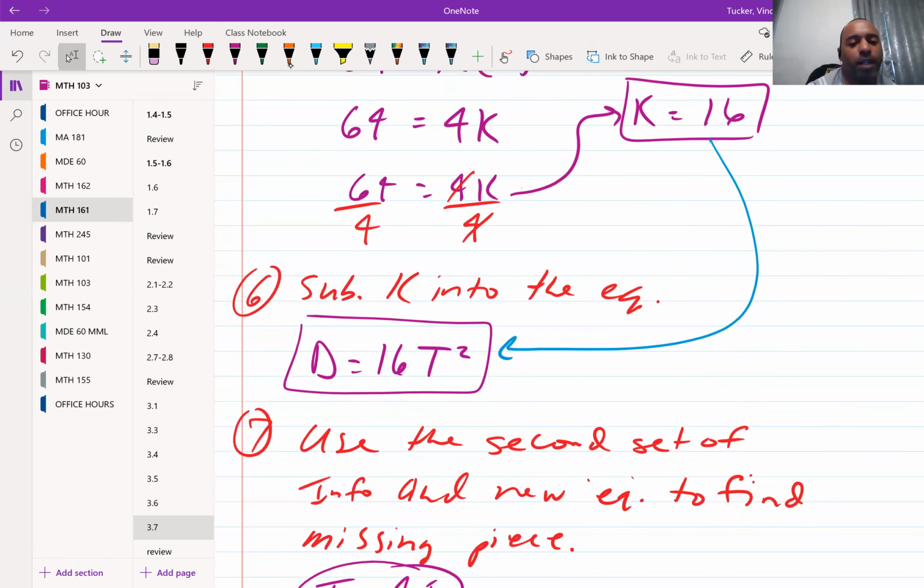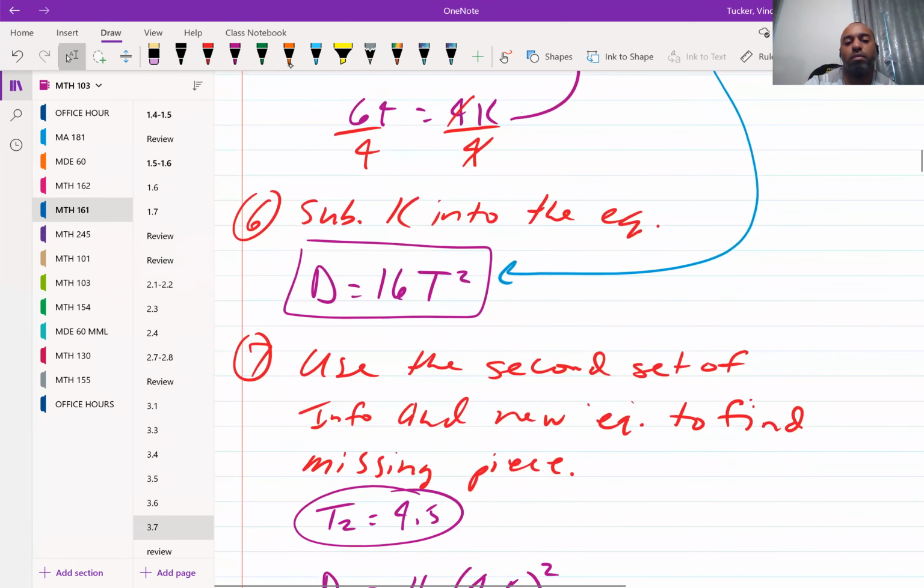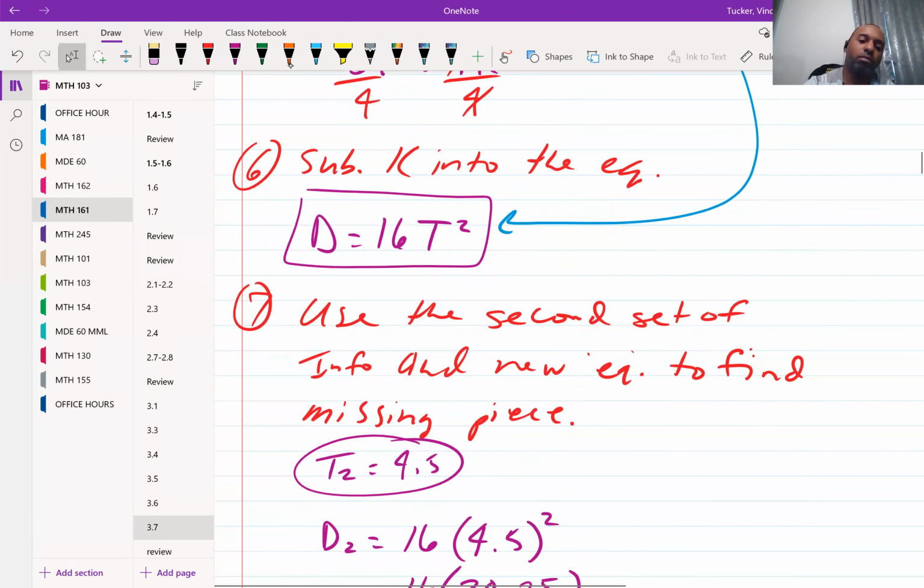And now for step 7, we can use the second set of information and the new equation to find the missing piece. Remember, all we had was 4.5, and we want to know what distance is traveled in 4.5 seconds.